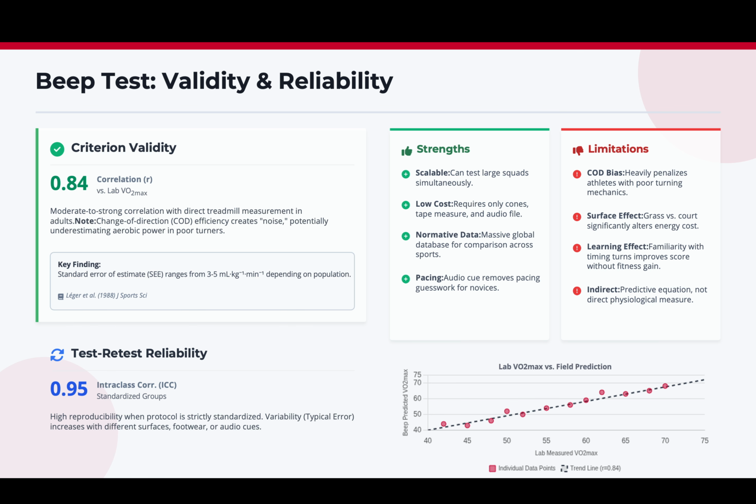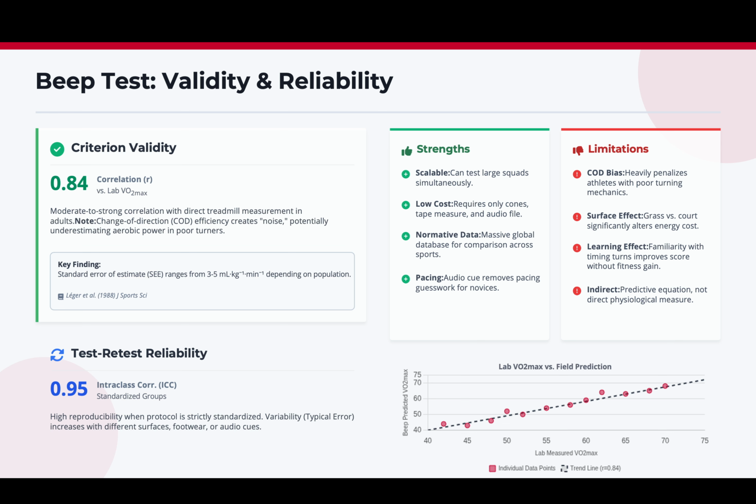Validity and reliability. Criterion validity is a 0.84 correlation versus lab VO2 max. It's a moderate to strong correlation with direct treadmill measurements in adults. The change of direction efficiency creates noise, potentially underestimating aerobic power in poor turners.